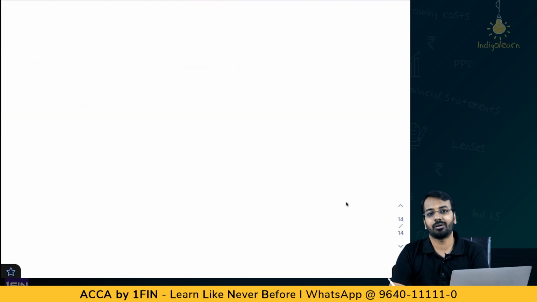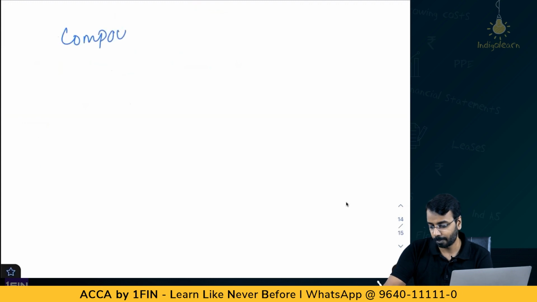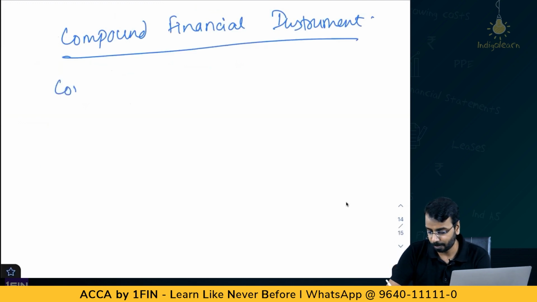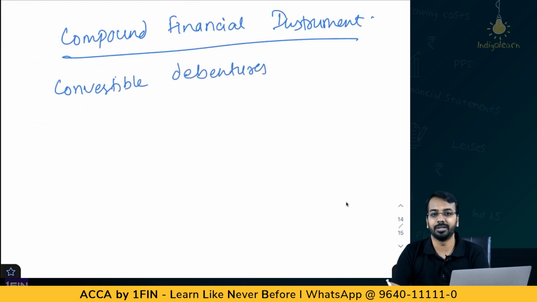Another important part of financial instruments is something called a compound financial instrument. Now, what is this compound financial instrument? Say, for example, there are convertible debentures.